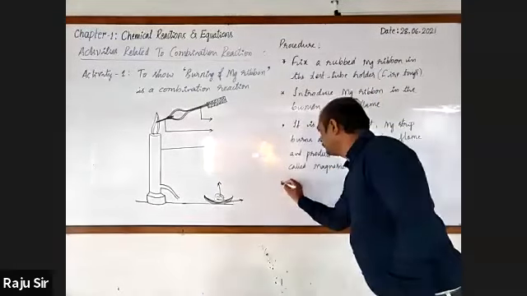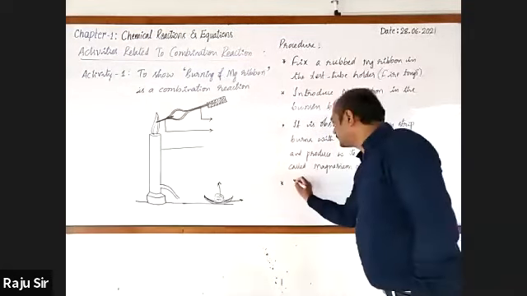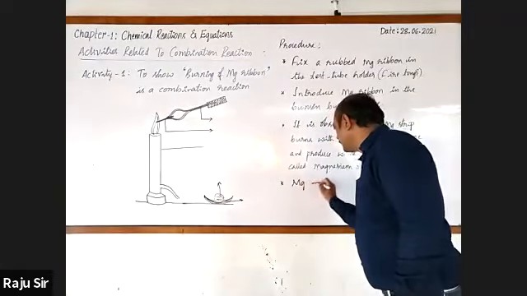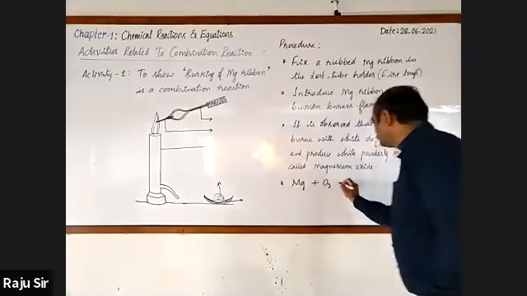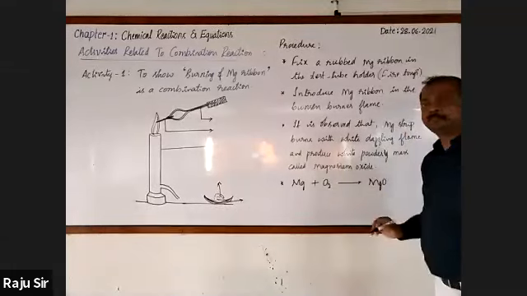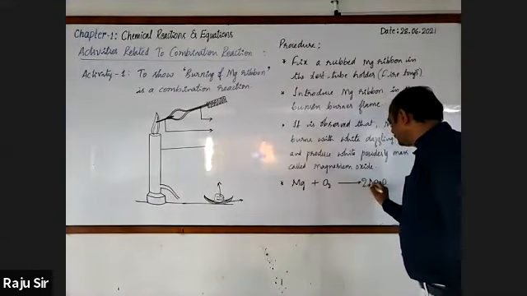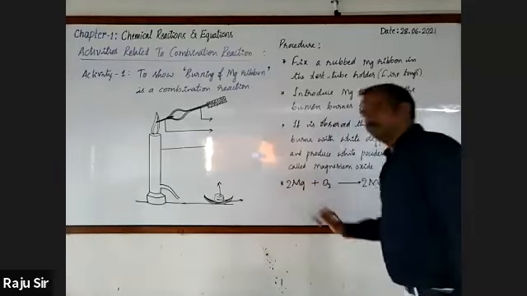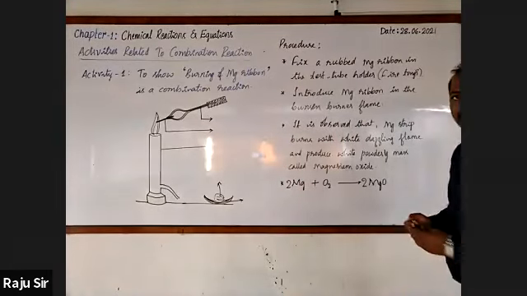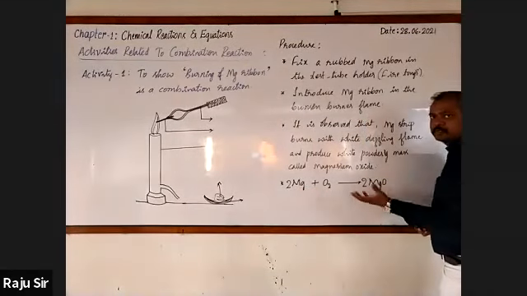Here I write the chemical equation. Magnesium reacts with oxygen to produce magnesium oxide. Here there are 2 atoms of oxygen. Here 2, here 2. 2 reactants are involved to form a single product.